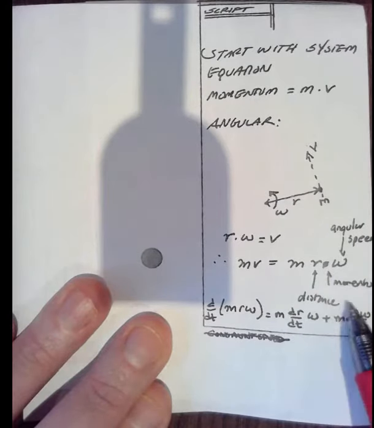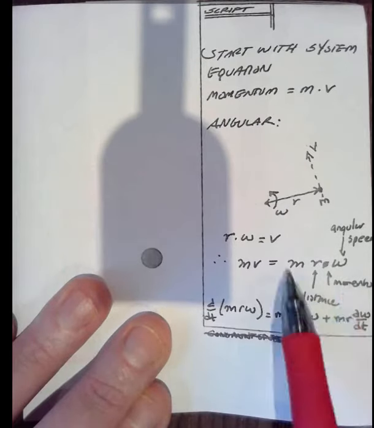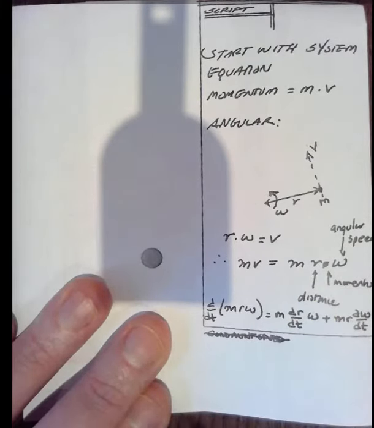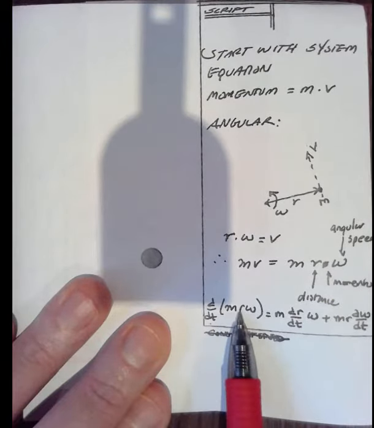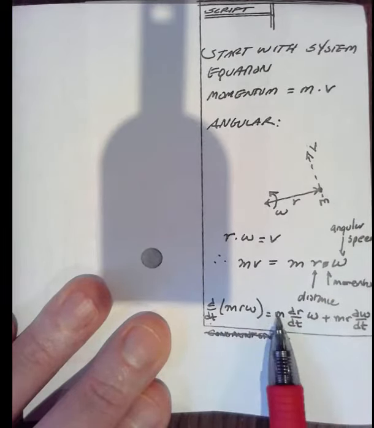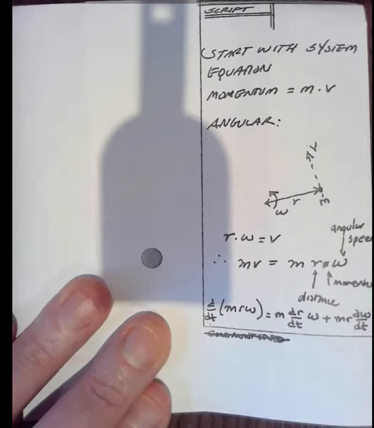Omega is the angular speed. This is the distance. The combination of all three is the momentum, and all we're doing with Reynolds transport theorem is equating the time rate of change of the m r omega term that has an m dr/dt times omega plus an m r d omega/dt, and you notice the mass doesn't get differentiated with time because we're starting with a constant mass.